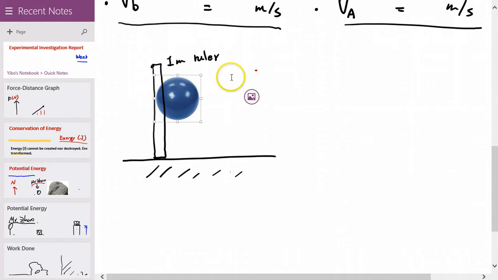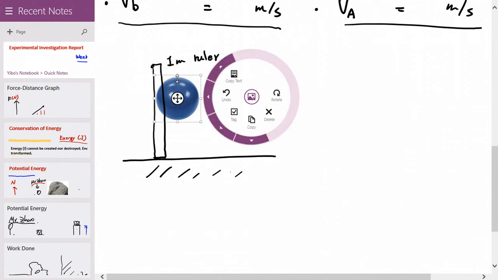Then in the video file, you can use slow motion to figure out the maximum height. It depends on how you measure.